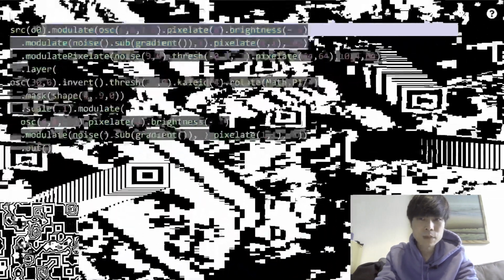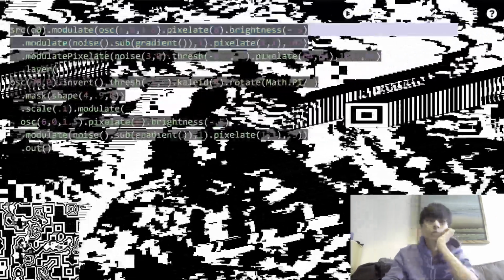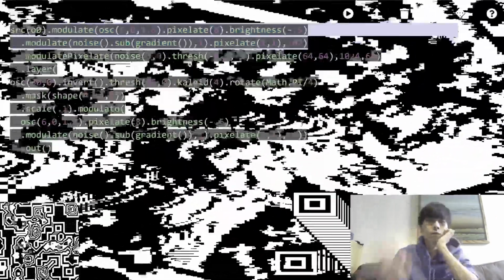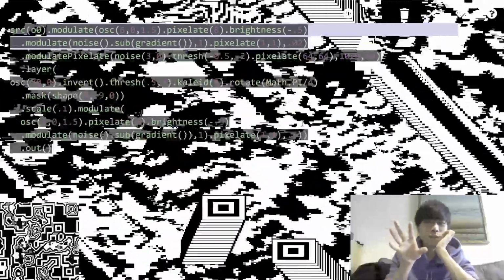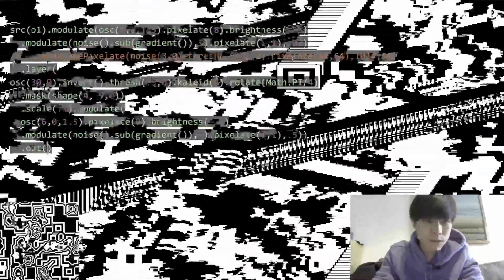Okay, I do this again. The problem with this right now is it's not preserving the texture so much. Okay, let's see. I think I need to use another buffer. So what if I just take this as O1 and then source O1 out?